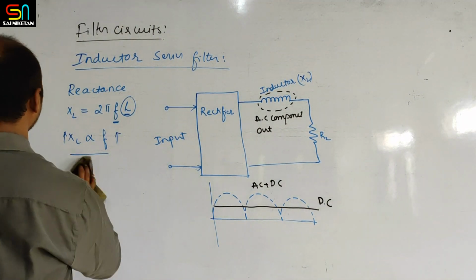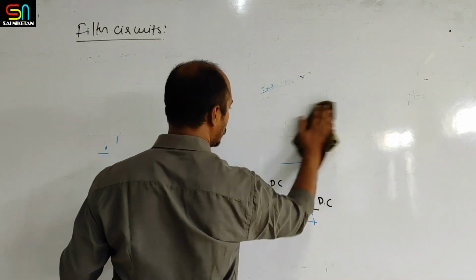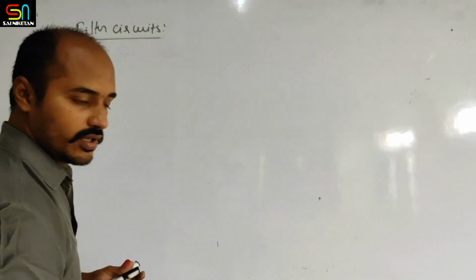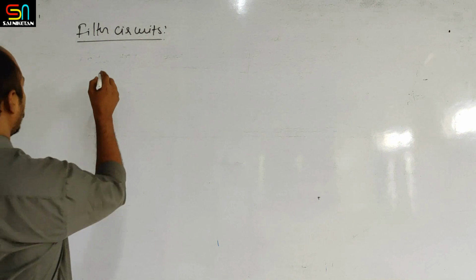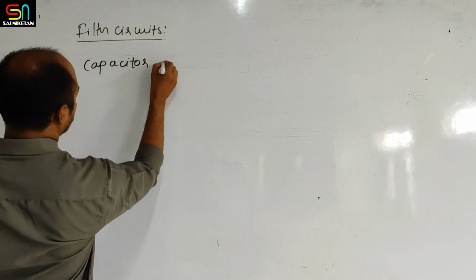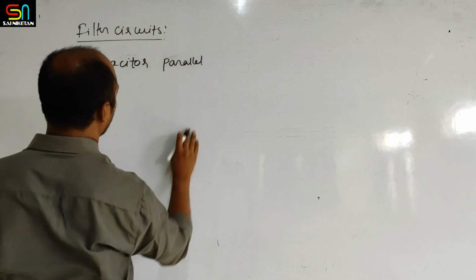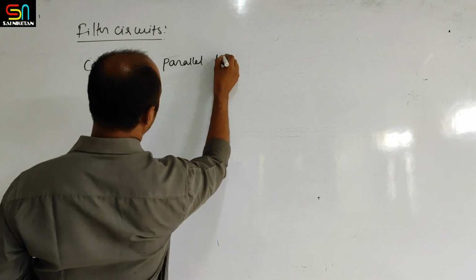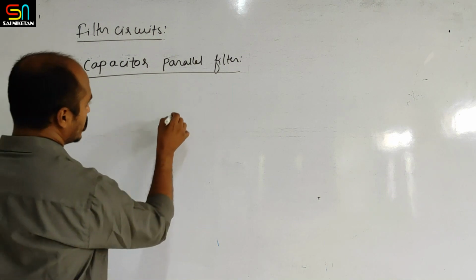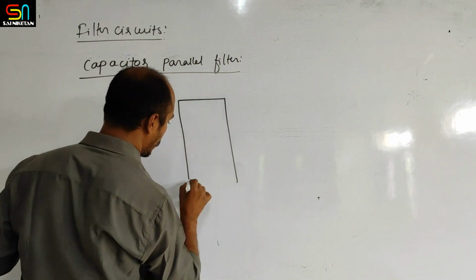And next one is the capacitor parallel filter. How it works, we shall see. In the capacitor parallel filter, here also I am showing a rectifier as a block.